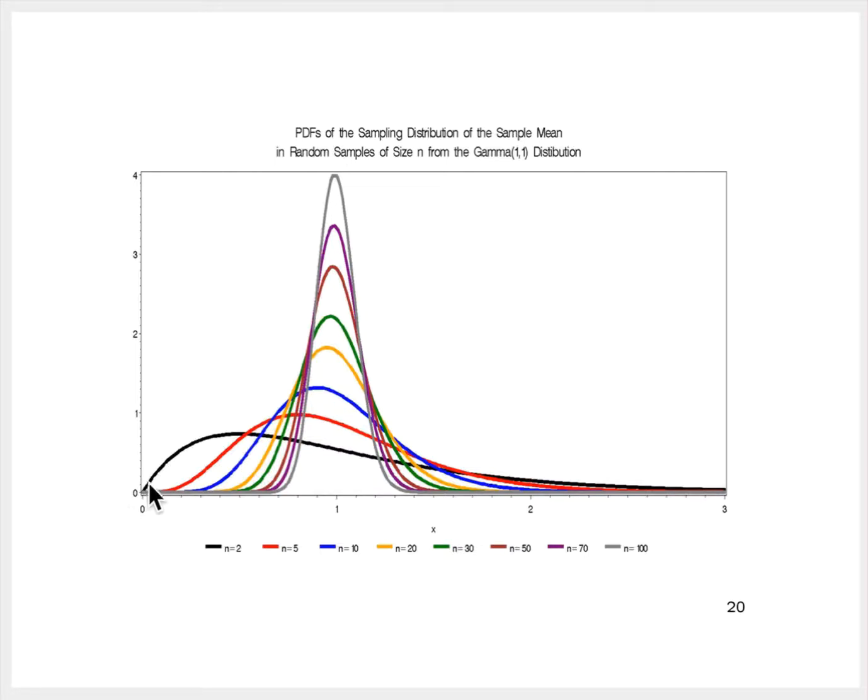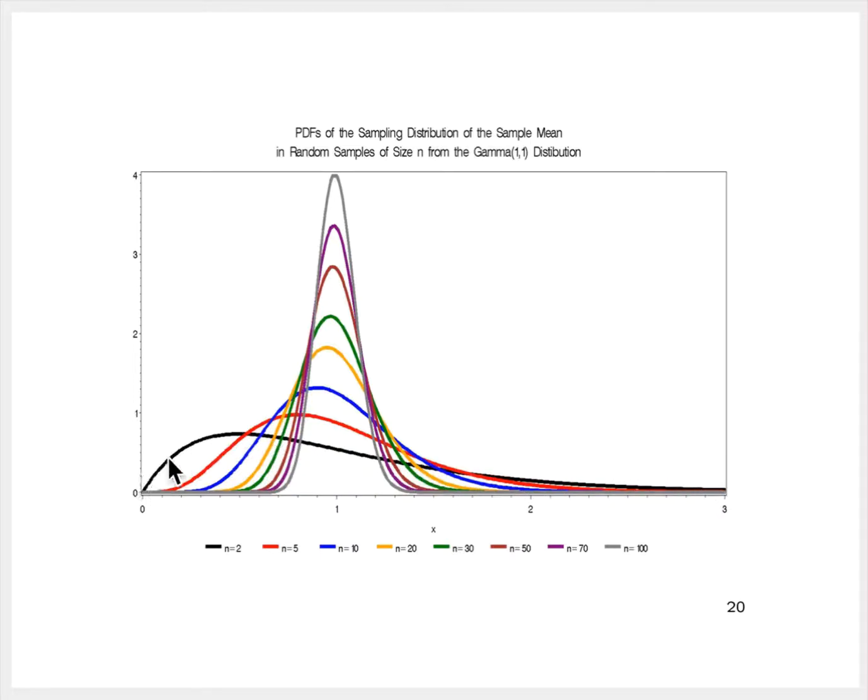Now, this black curve is the PDF of the sampling distribution of the sample mean from a gamma distribution with parameters alpha equal to 1 and beta equal to 1 when the sample size is 2. And so you can see that this distribution is very highly right skewed.